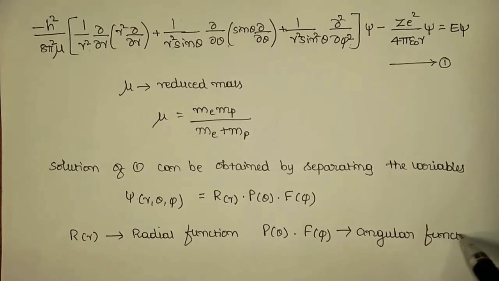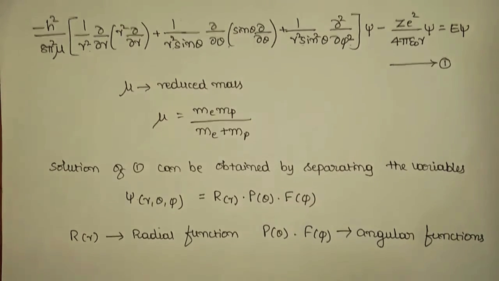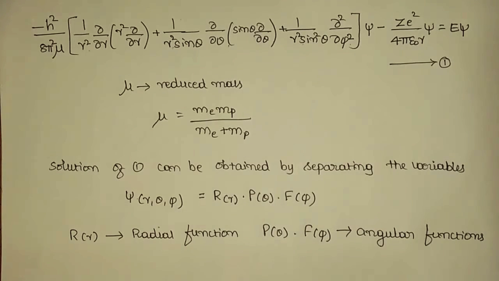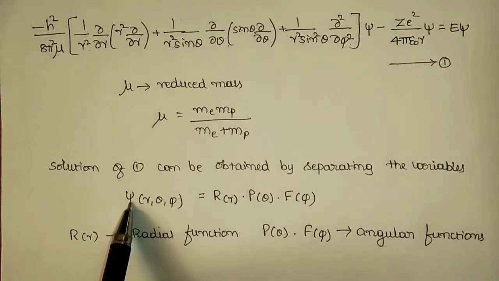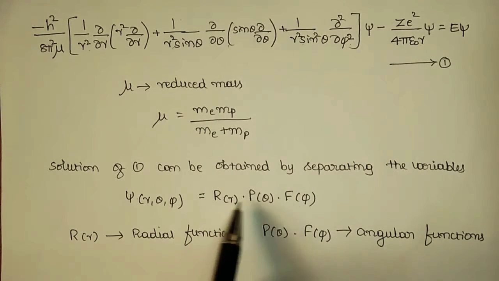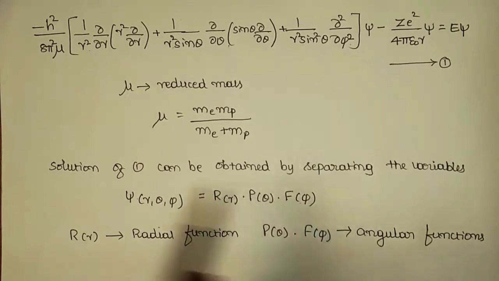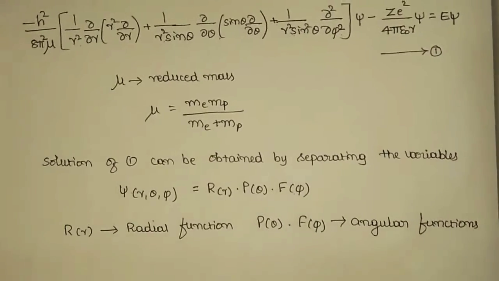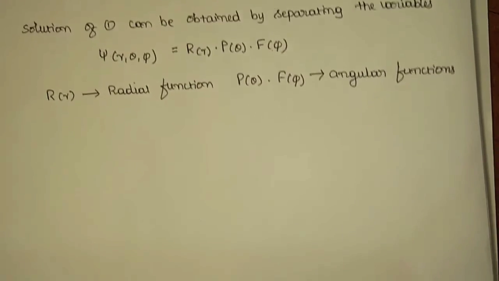Now at the place of xi, we are supposed to introduce R, P and F in equation 1. So now we shall see how that happens.